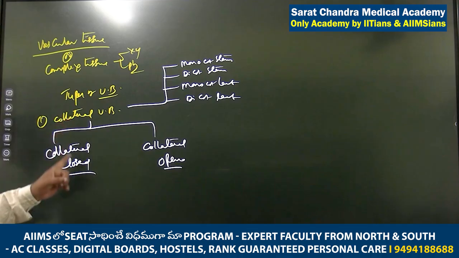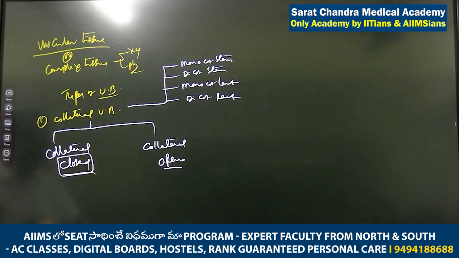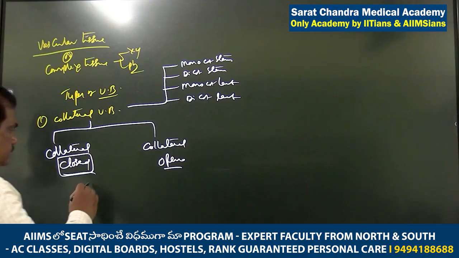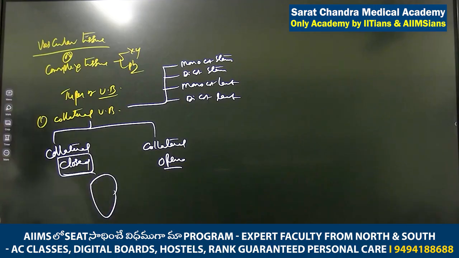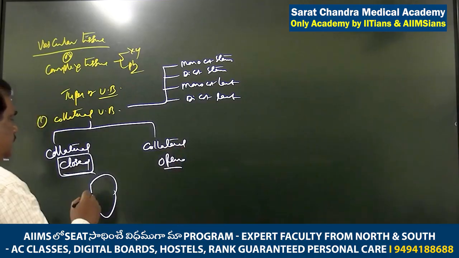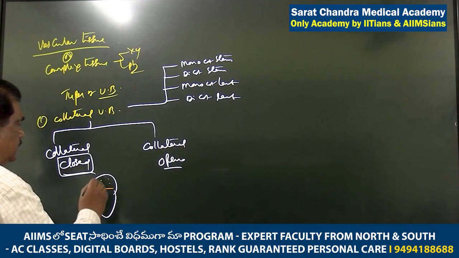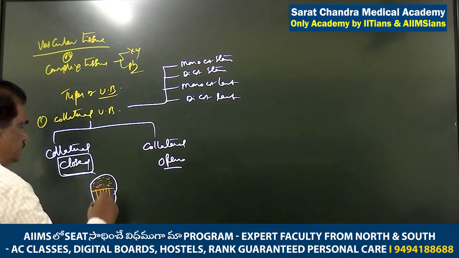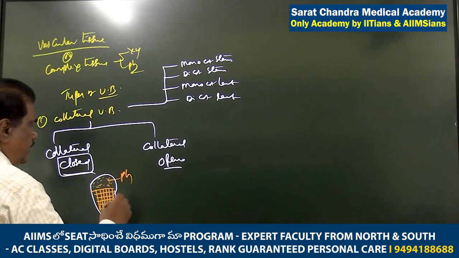So collateral vascular bundles are of two types, that is collateral closed and collateral open. What is meant by closed? Cambium is absent between xylem and phloem in a vascular bundle. This is phloem, and this is xylem.